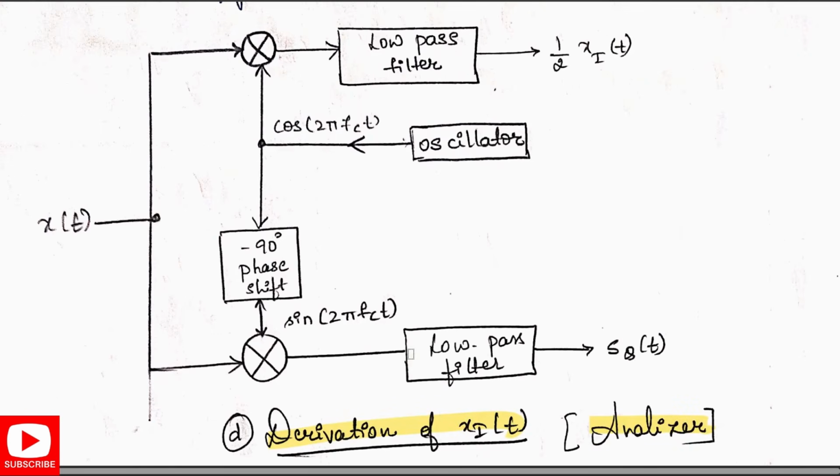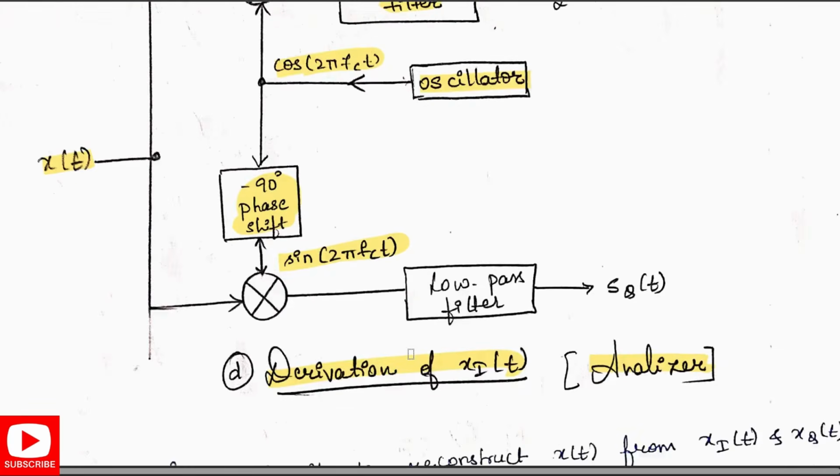What happens here is x of t is given as input to two multipliers. You give one oscillator with an input of cos 2 pi fct, and also sin 2 pi fct along with a minus 90 degree phase shift. When you give that, we have one low pass filter which gives an output of half xi of t, and another low pass filter which gives an output of xq of t.